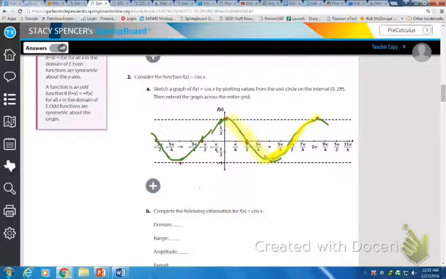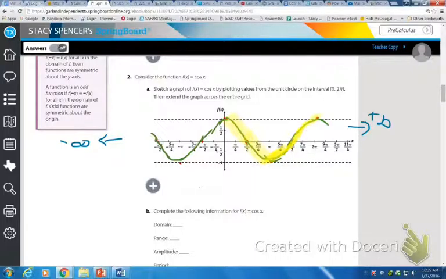Okay? So let's talk about the properties of it real quick. So what is the domain? Again, the domain is all real, right? We're headed to negative infinity here, and here we're headed to positive infinity. What about our range?